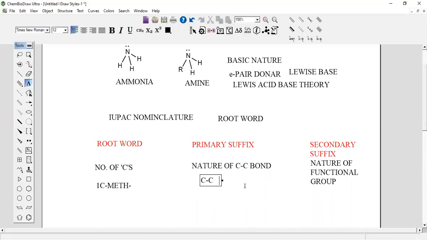Now come to the nature of the carbon bond. Suppose a carbon-carbon single bond is there. What do we use? Ane. Very good. Suppose a carbon-carbon double bond is there.